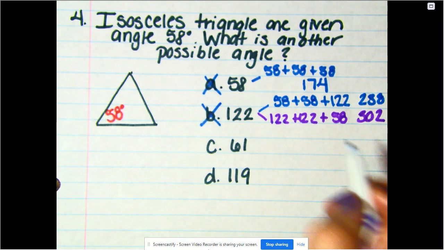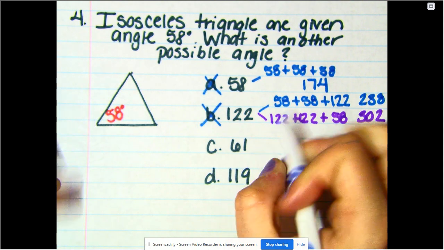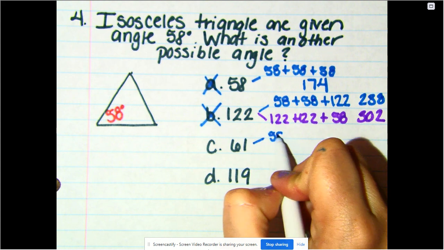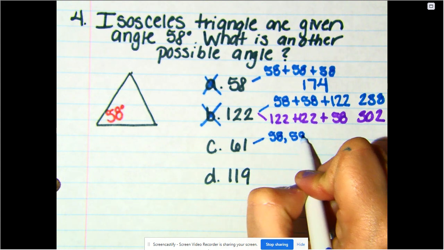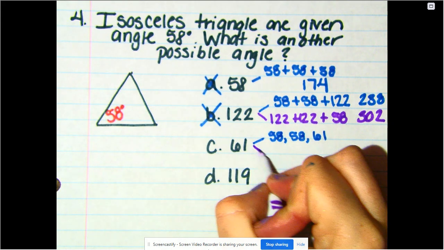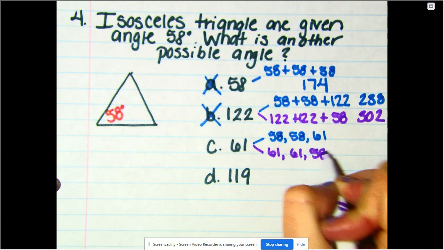Let's try C. So one option with using 61, and then we know that the given angle that was given in the problem is 58. So 58 could be my repeater. So 58, 58, and 61. Or 61 could be the repeater. 61, 61, and 58.